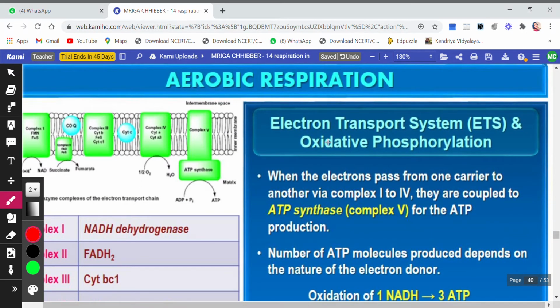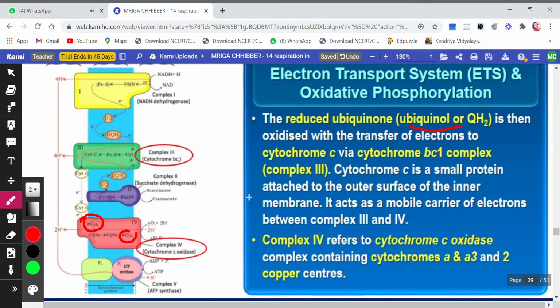Now children, in the electron transport system and oxidative phosphorylation, when the electrons pass from one carrier to another via complex 1 to 4, these are the various complexes. This is complex 1, then 2, 3, 4.